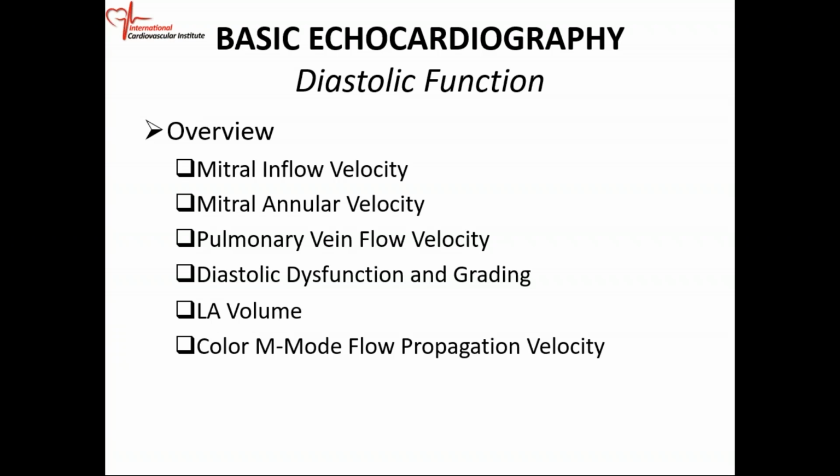So in your pulmonary vein flow, you'll get a systolic component, a diastolic component, and what we call the atrial flow reversal, because when the atrium contracts, it pushes blood in the opposite direction. We can use these things to talk about how well the heart is performing its diastolic function. And if the diastolic function is compromised, we can talk about diastolic dysfunction and we can grade it.